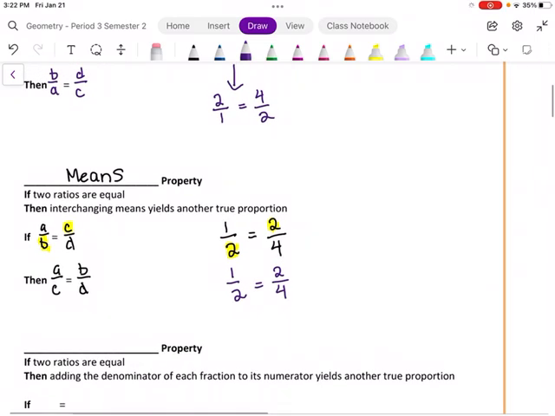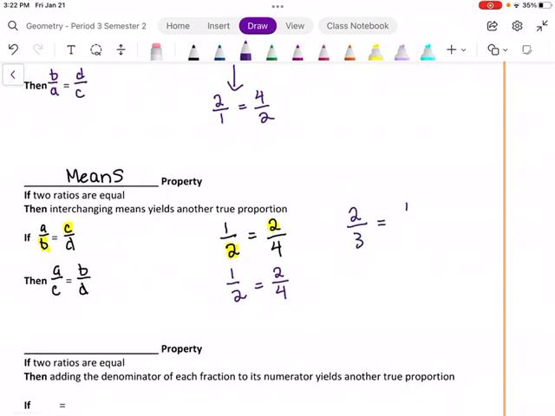If we did an example where they weren't equal, say we had 2/3 equals 4/6, and if we swapped those means with each other, we would have 2/4 equals 3/6, which is true because if we simplified this, we would get 1/2 equals 1/2. So that's what the means property is.